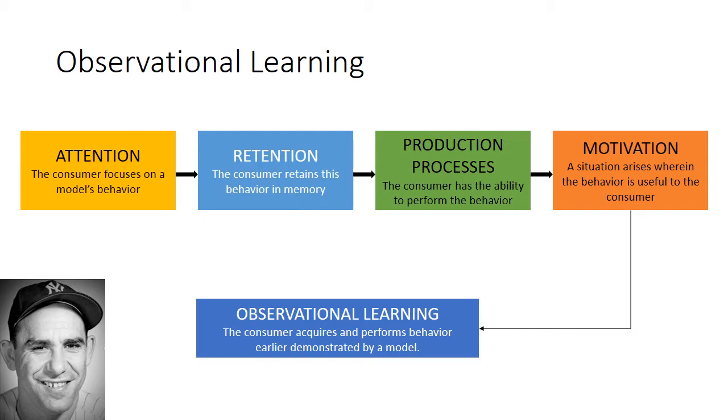Now, all of this leads again to observational learning, where the consumer acquires and performs the behavior that was earlier demonstrated by a model. If you watch how people interact with products in commercials or in movies, we may learn from that behavior and emulate that behavior, and hopefully we gain some type of benefit from doing so.